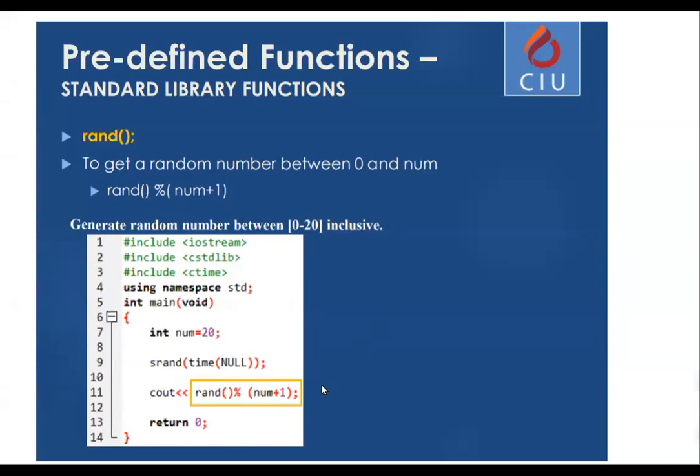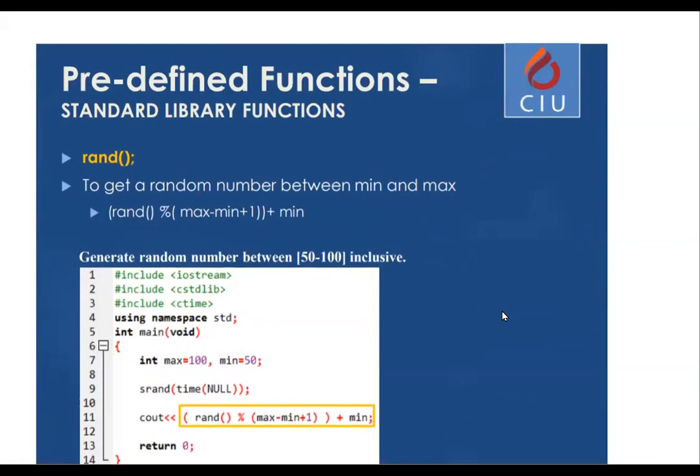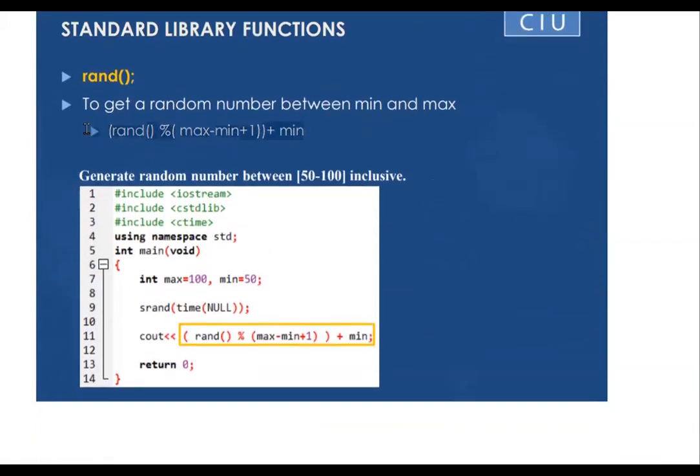So we're going to put 1 in here. So in case the number is 0, it's going to be 1. The lowest scenario that you can see is going to be 1. Alternatively, you can use a formula to show the max and the min value.